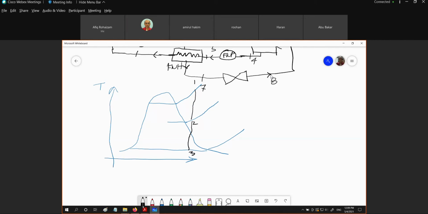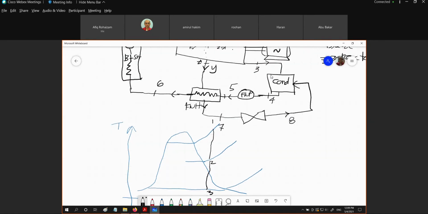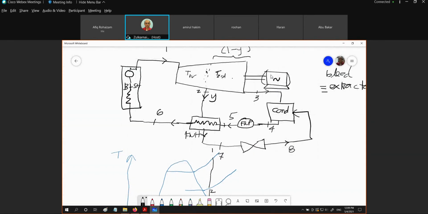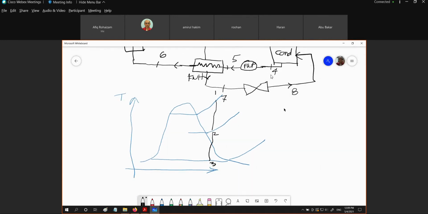Okay, let us look whether we are using the same numbering. Okay, this is 1 to 2. At point 2, we extract or blend some of the steam. The rest is going to be 3. Okay, so this is 1, 2, 3.